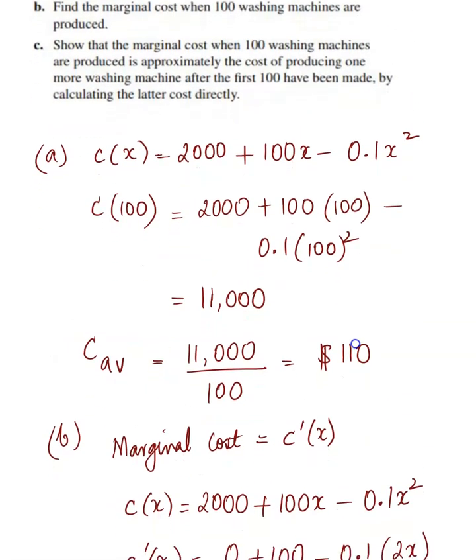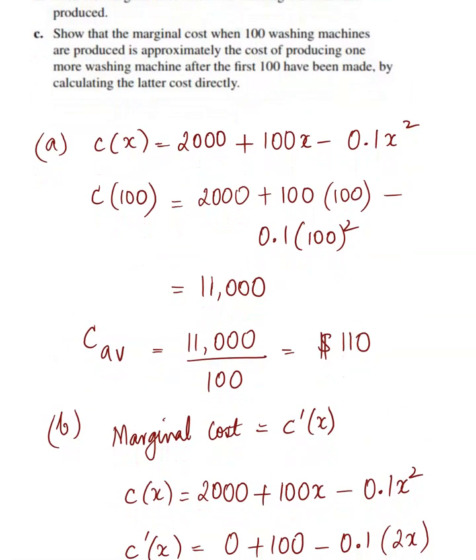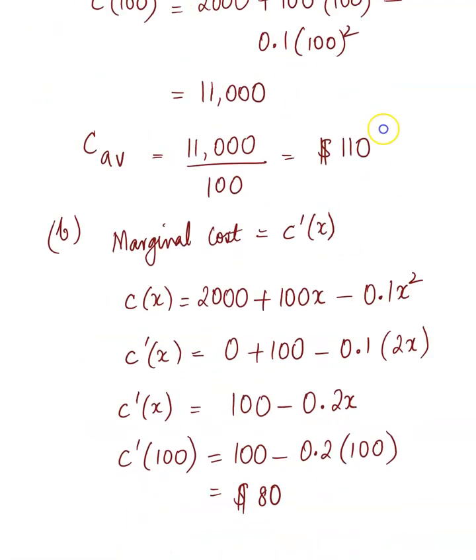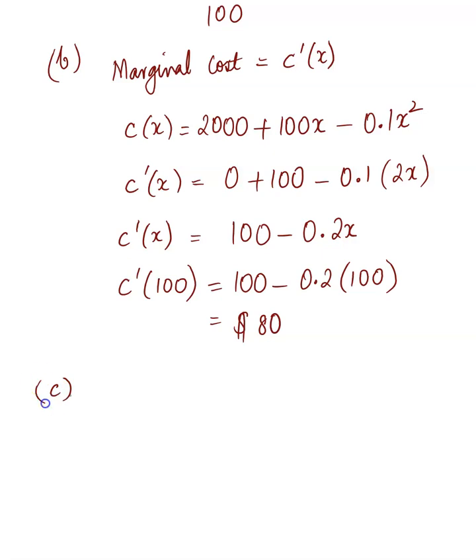Part C is, we need to figure out what is the cost of producing one more washing machine after the first 100 have been made. Okay, so we already know the marginal cost for the first 100. So let's go ahead and compute that.